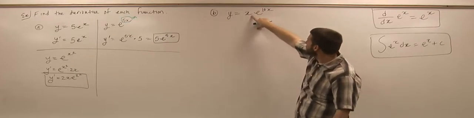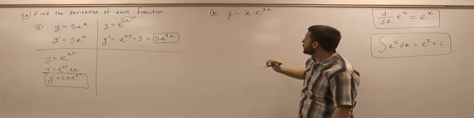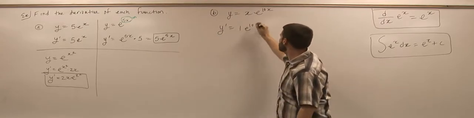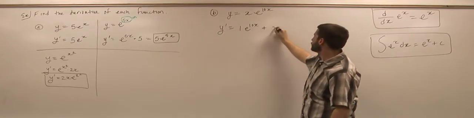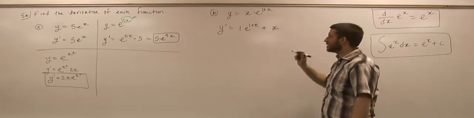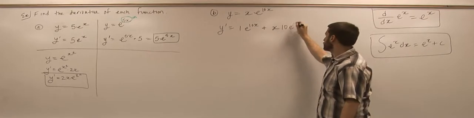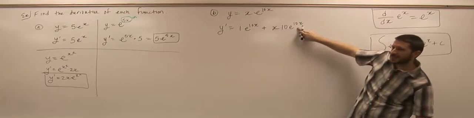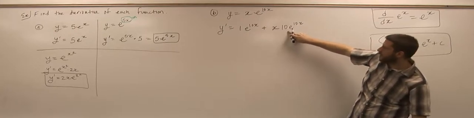All right, so I have to do product rule because I have a function times a function. Derivative of the first times the second plus the first times the derivative of the second. How do you do the derivative of e to the 10x? e to the 10x. Chain rule, right? Derivative of e to the 10x is e to the 10x, but then the chain rule says you multiply by 10.